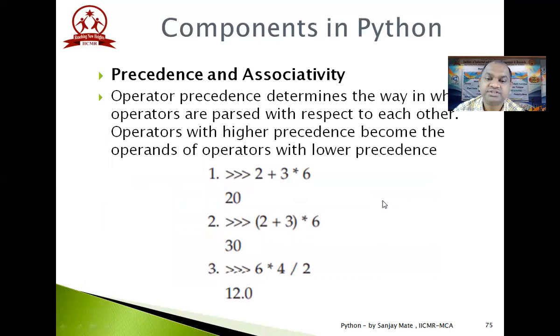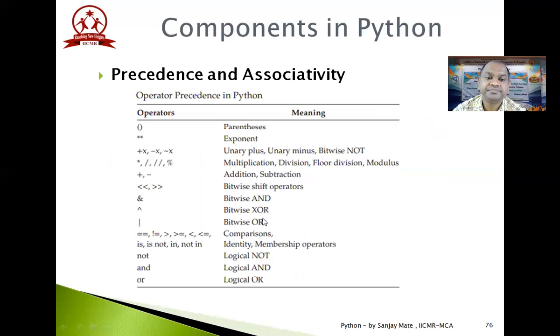Precedence and associativity. This is very important, because if there is an expression, it decides which operand or expression should be evaluated first. Here, the highest priority is given to parentheses, then the exponent. Then unary plus, unary minus, or bitwise not.